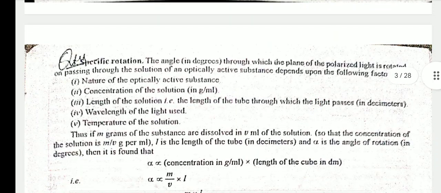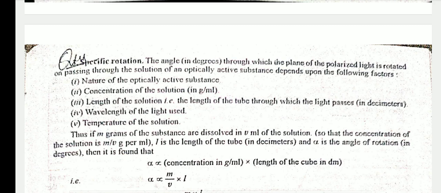Specific rotation. The angle through which the plane of the polarized light is rotated on passing through the solution of an optically active substance depends upon the following factors: nature of the optically active substance, concentration of solution, length of solution, that is the length of the tube through which the light passes, wavelength of light used, and temperature of solution.